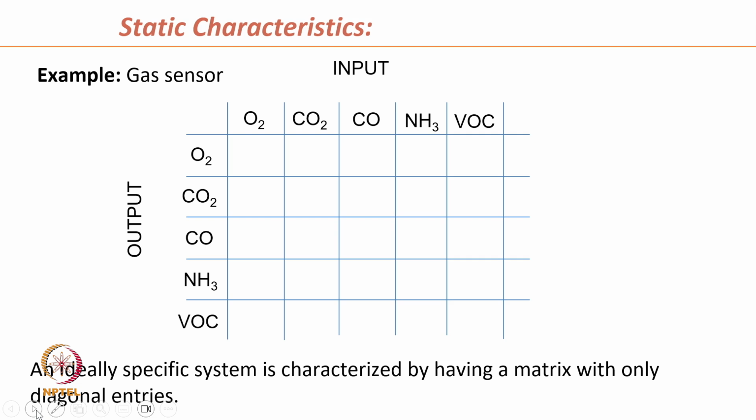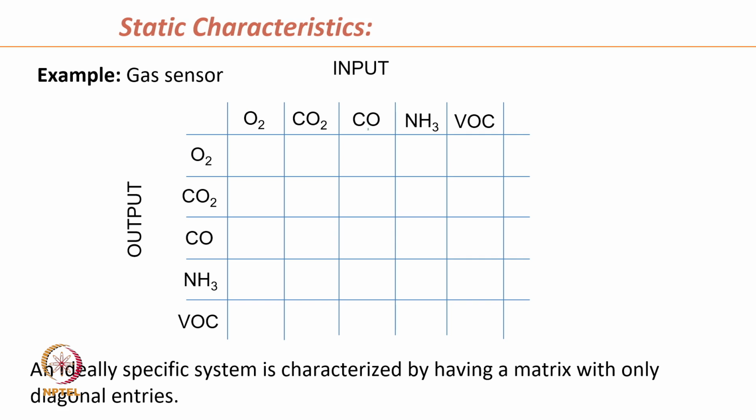So, for example, we have a gas sensor and we make this gas sensor to detect oxygen, carbon dioxide, CO, NH3, VOC and other VOCs. So, the input quantities are these 5, and based on that the output will be generated. If we flow oxygen in this sensor, output according to oxygen will be produced.